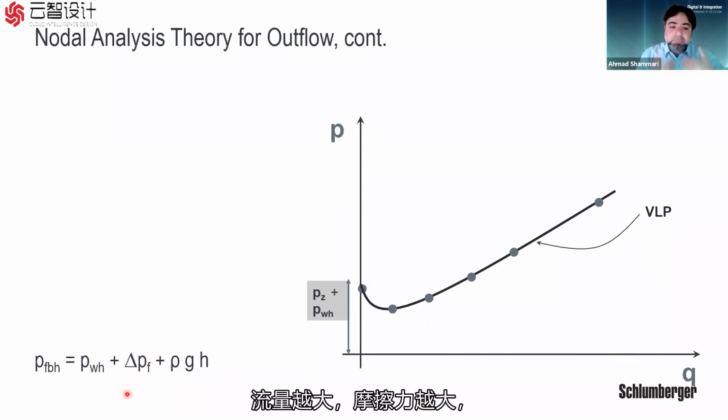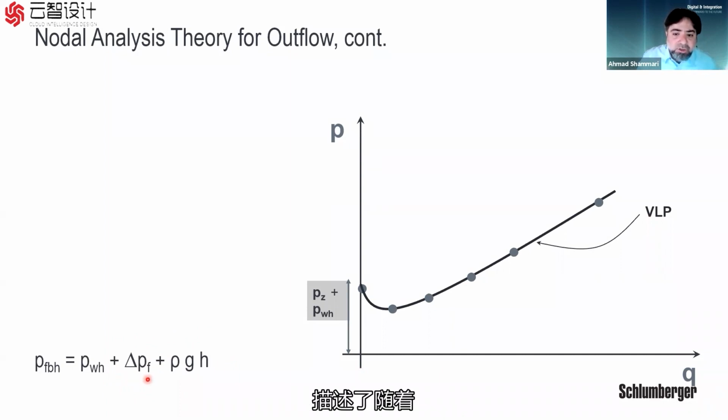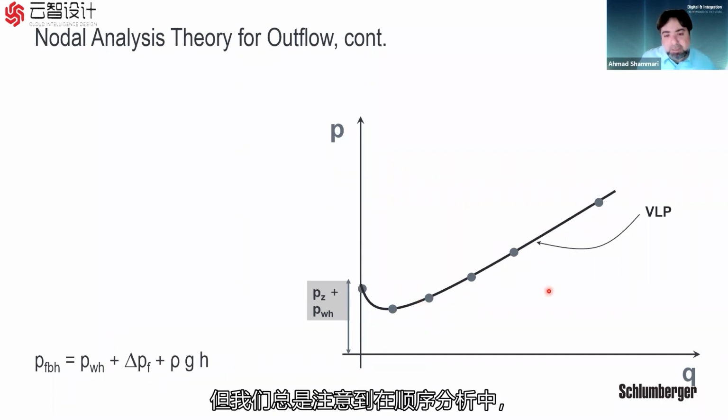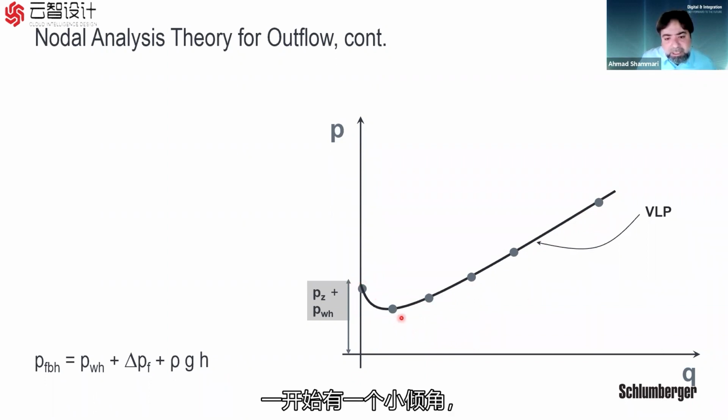For more flow rate, more friction. And since this is positive, that describes the curve going up as the flow rate increases. But we always notice in nodal analysis that in the beginning, there is a small dip that makes the flowing bottom hole pressure in the beginning less than the static bottom hole pressure.